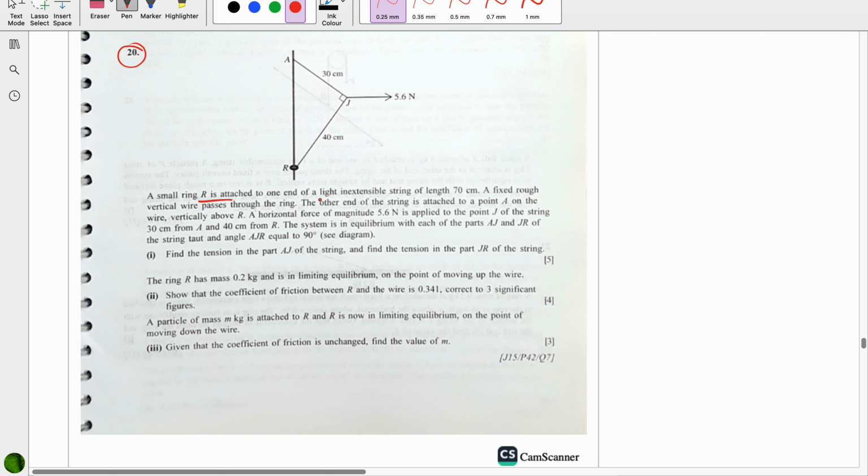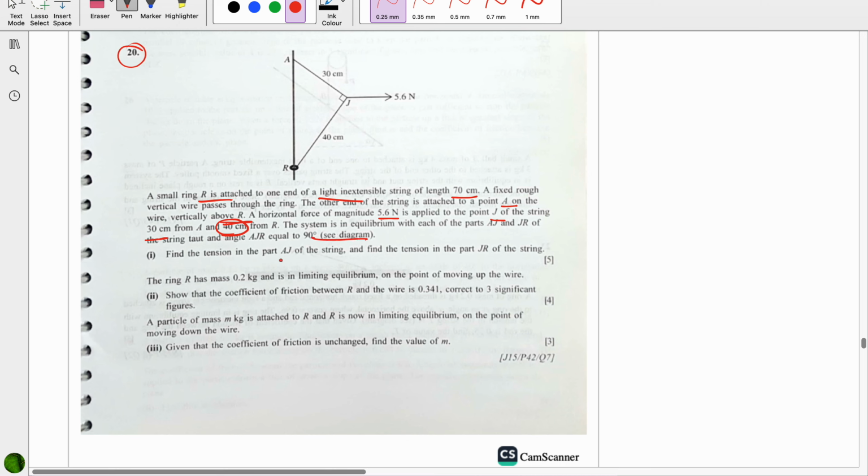So a ring is shown, the string is light and inextensible. The length is 70 centimeters. A fixed rough vertical wire passes through the ring. The other end of the string is attached to point A of the wire, vertically above R. A horizontal force of magnitude 5.6 newtons is applied to the point J of the string, 30 centimeters from A and 40 centimeters from R. The system is in equilibrium with each of the parts AJ and JR of the string taut and angle AJR 90 degrees, as shown in the diagram.